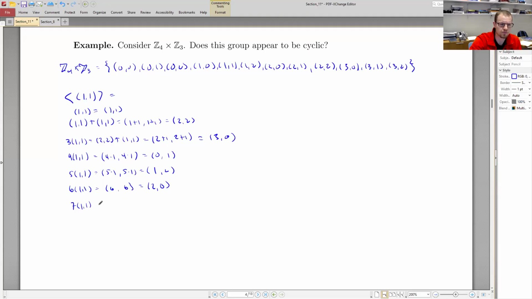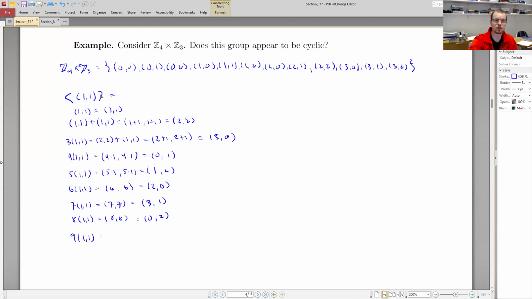So 7 times (1,1) is (7,7), but that is actually, now let's see here, 7 mod 4 is 3, 7 mod 3 is 1. 8 times (1,1) is (8,8), so that's (0,2). 9 times (1,1)... Now, based on our previous section, in order for us to have a subgroup, we know that the order of that subgroup must divide the order of the group itself.